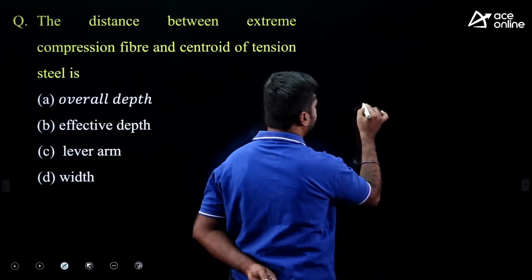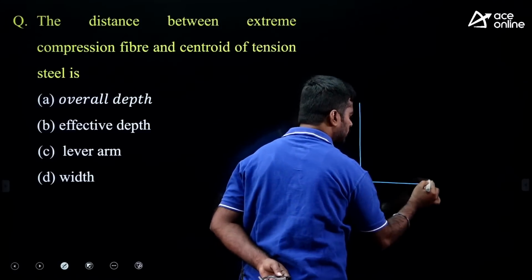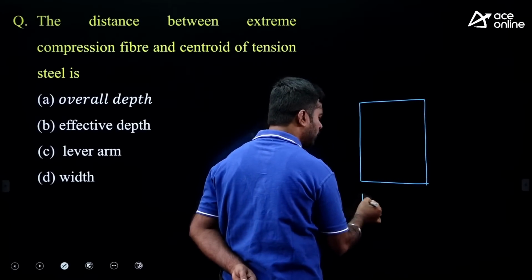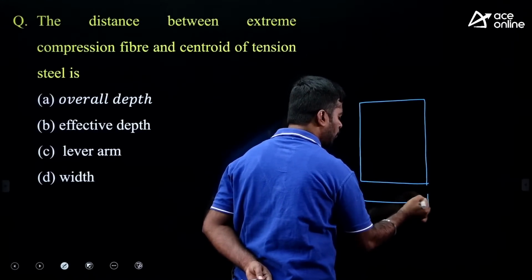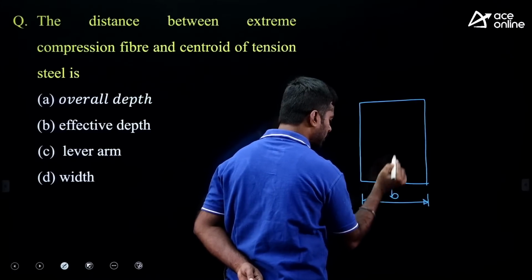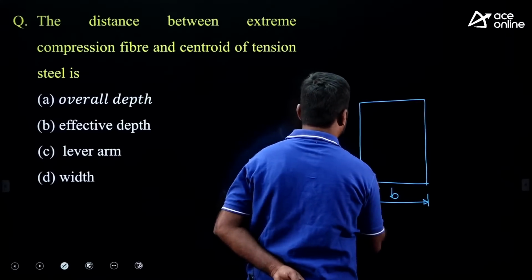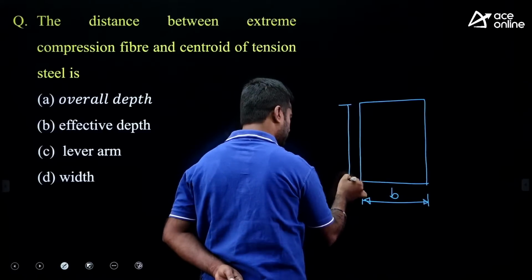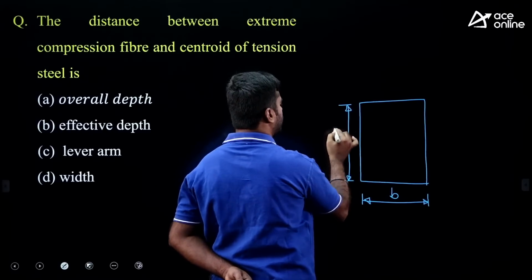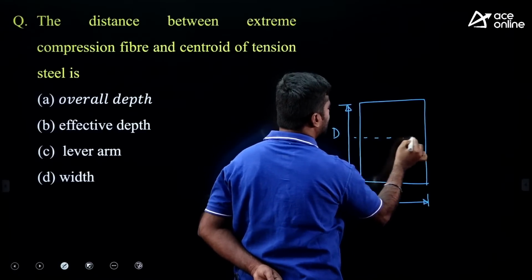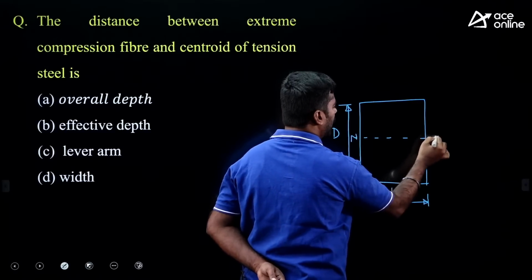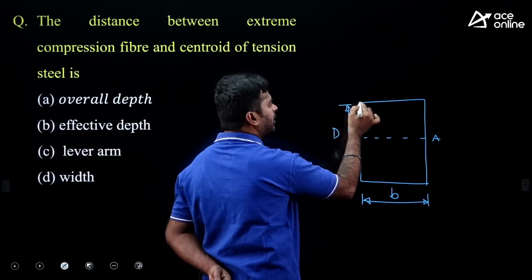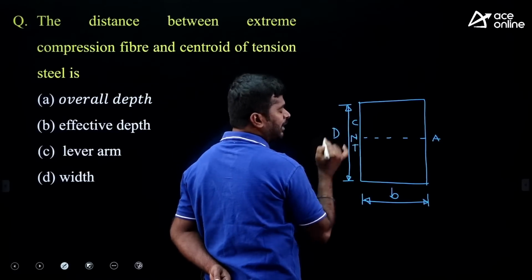Suppose you take a beam, the shorter dimension we generally take as the width of the beam, right, and this dimension we take as the overall depth. See, this is the neutral axis, above the neutral axis compression, below the neutral axis tension. So it is the extreme compression fiber, and it is the extreme tension fiber.